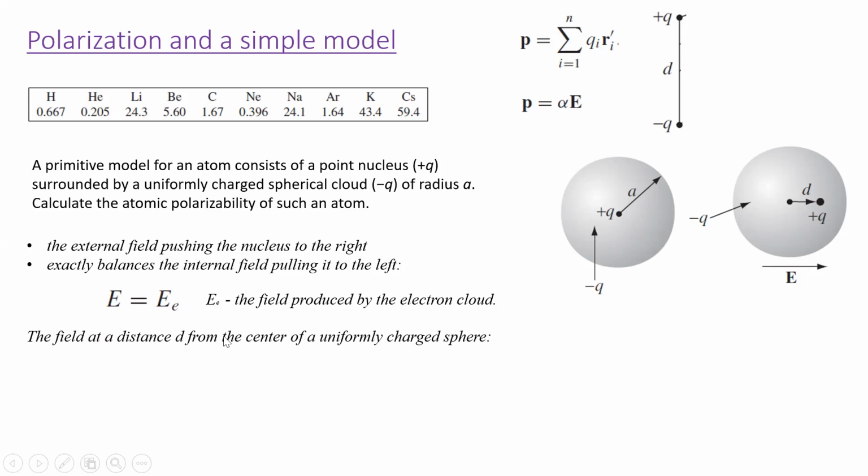The field at a distance d from the center of a uniformly charged sphere can be figured out from Gauss's law. I won't go into that derivation right here, but we can figure it out in a fairly straightforward way. It's equal to 1 over 4 pi epsilon naught times the charge on the nucleus times d, the distance from the nucleus, over the radius cubed.